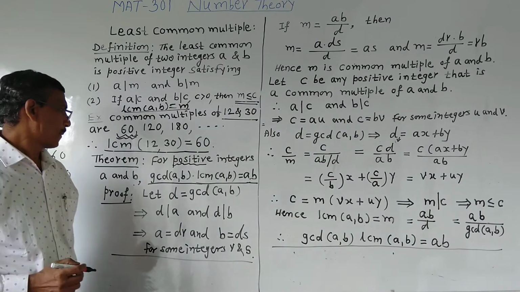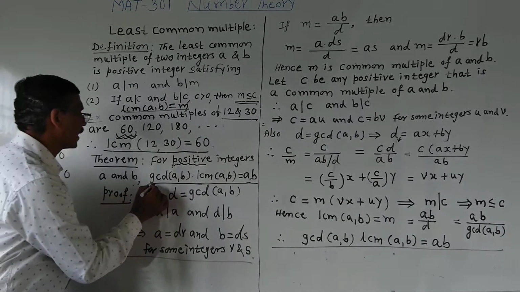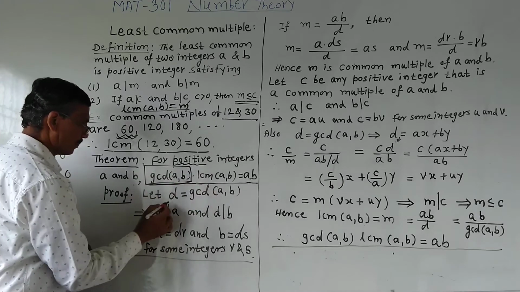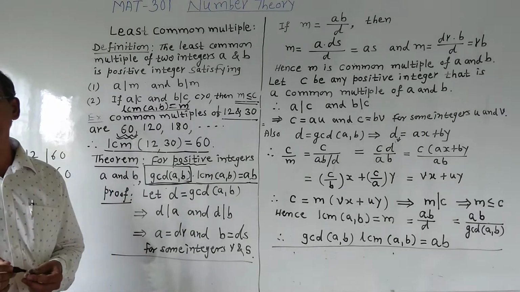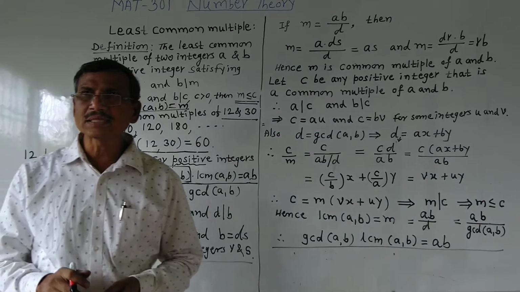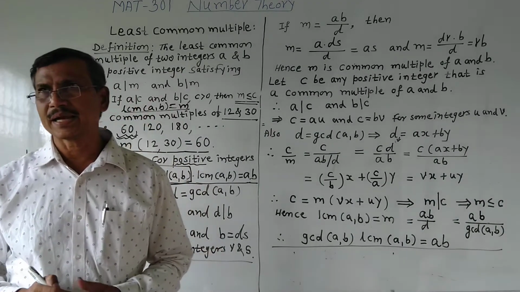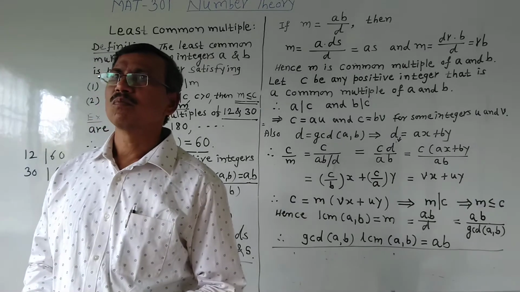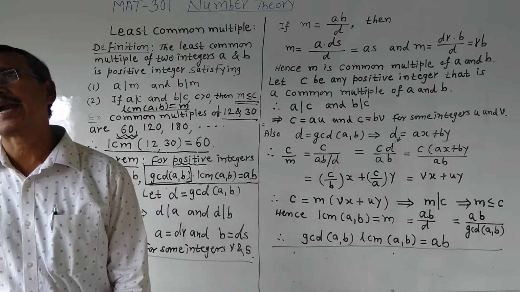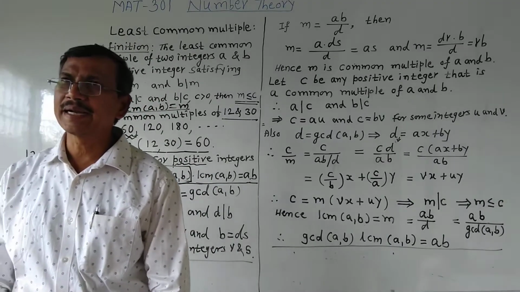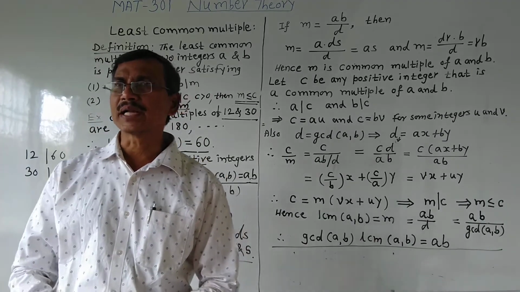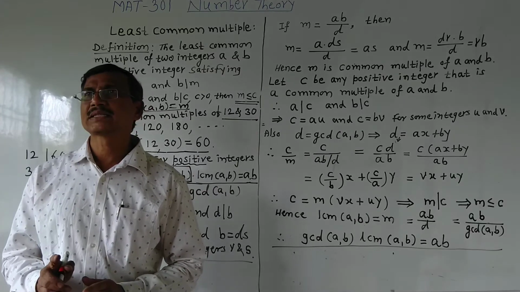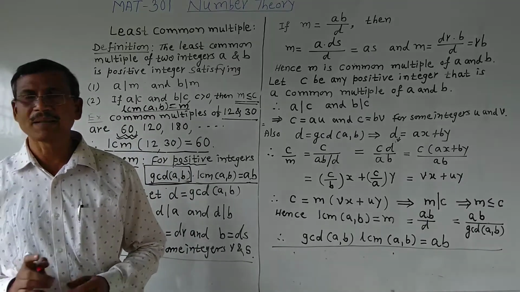To prove this, at first assume that the greatest common divisor of A and B is denoted by D. As D is the greatest common divisor of A and B, by the definition, D divides both the integers A and B because it is a common divisor of A and B. Try to understand the difference between common divisor and common multiple.